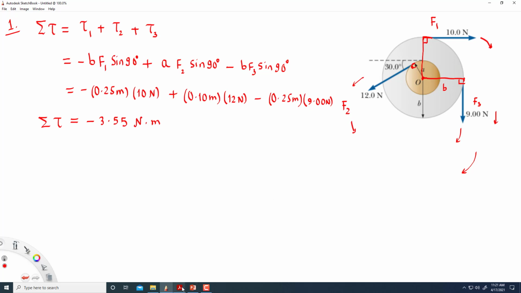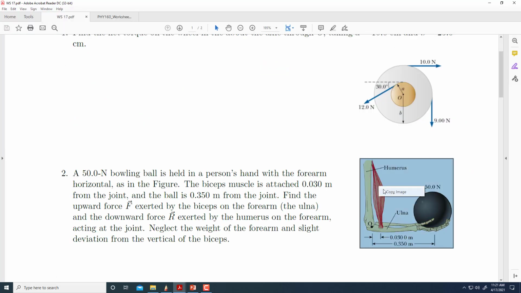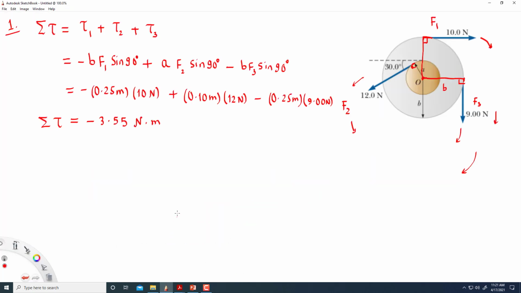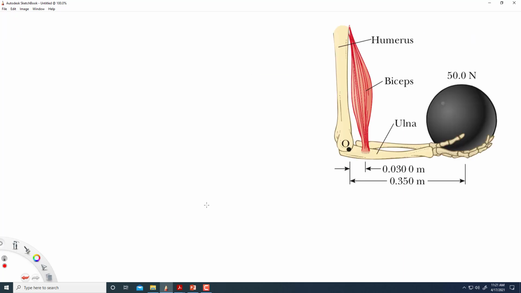Let's look at number two. Number two looks a bit complicated, but it is not that complicated. Okay, if you use the simplistic model, then you can easily solve this problem using the conditions for static equilibrium. So we have a 50 Newton bowling ball held by the person's hand with the forearm horizontal as shown in the figure.